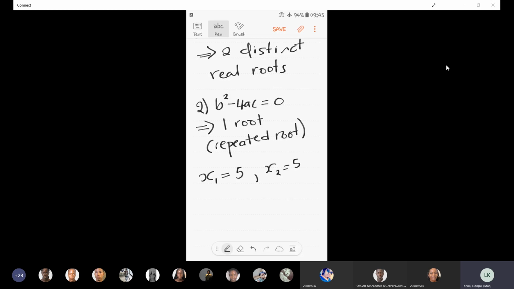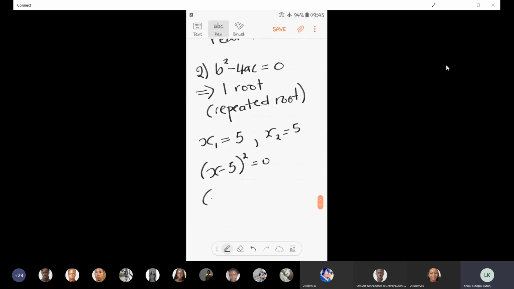So we get this when we have equations like x minus 5 squared equal to 0. If you were to solve this, you can rewrite it as x minus 5 times x minus 5 is equal to 0. This means x minus 5 is equal to 0, or x minus 5 is equal to 0.